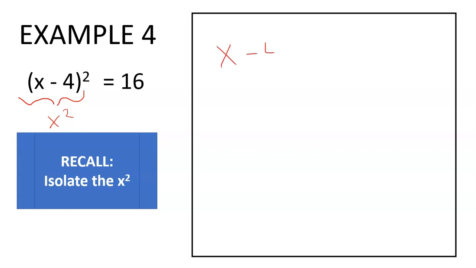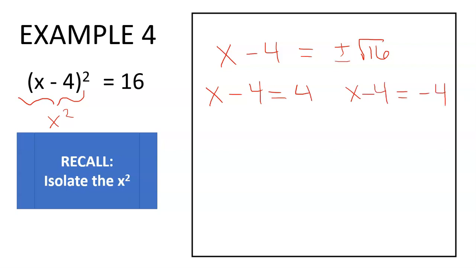All we have to do is apply the square root method, and we get positive and negative square root of 16. I'm going to break that up into two different parts. Positive square root of 16 is positive 4. And then if we take the negative, we have negative 4.